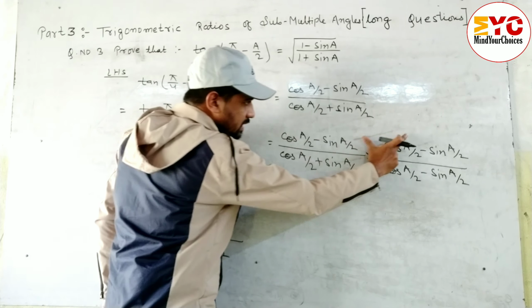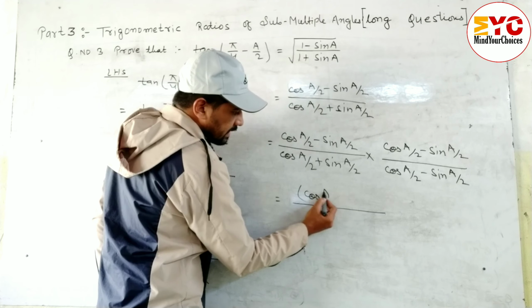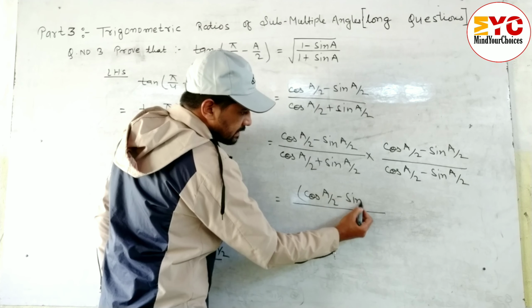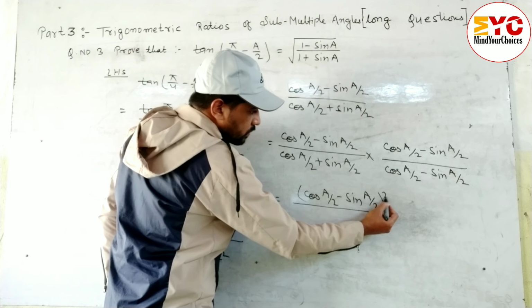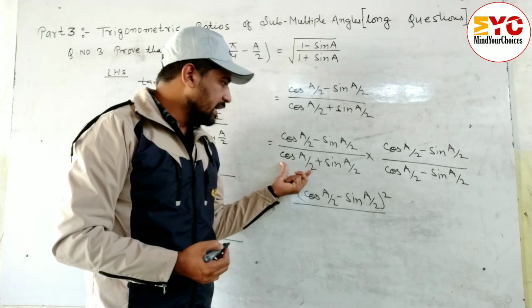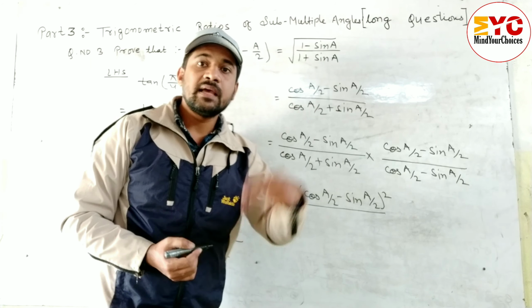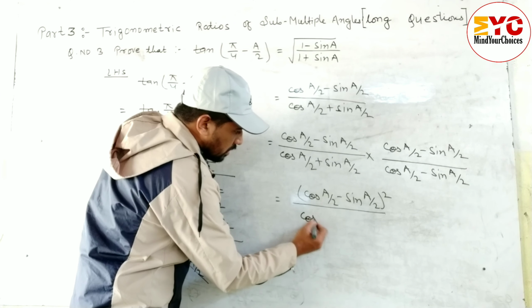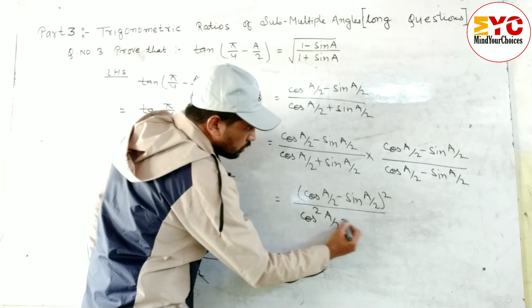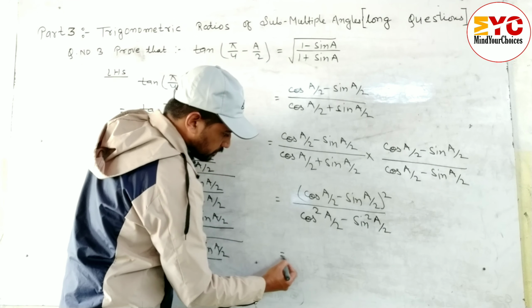You can see these two are the same, so we can write whole square: (cos A/2 − sin A/2) whole square. In the denominator this is in the form of (a + b)(a − b), so we can write a² − b². So here cos² A/2 − sin² A/2.